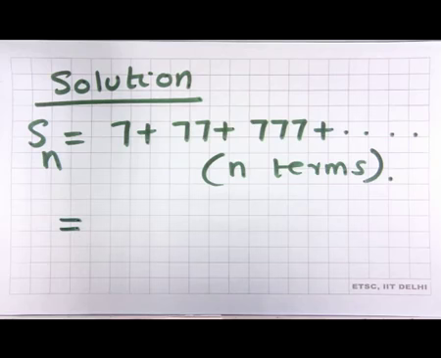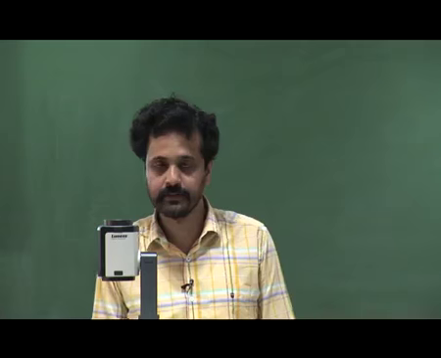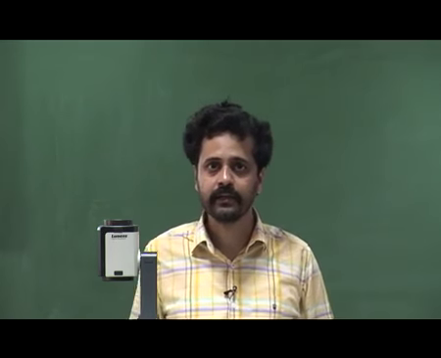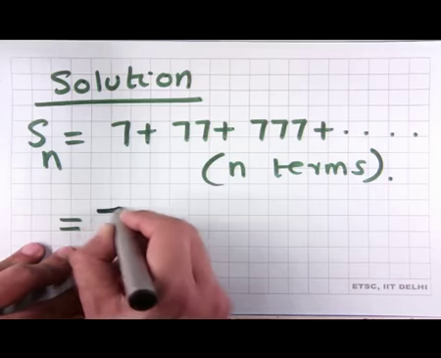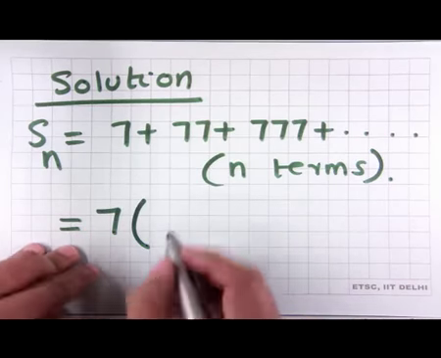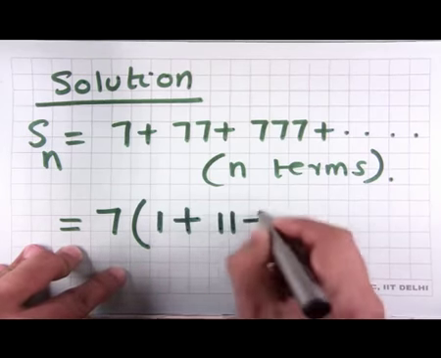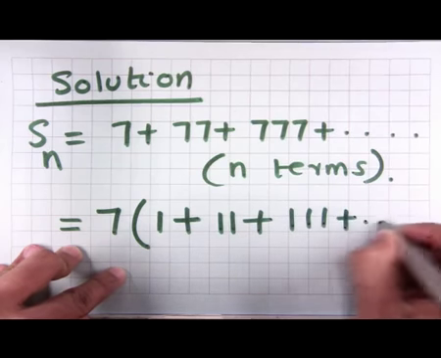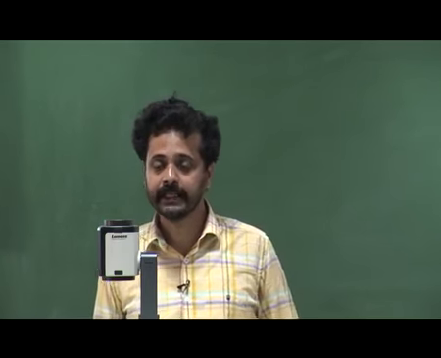As I pointed out earlier, the difficulty here is that apparently it's neither an arithmetic progression nor a geometric progression whose sum we are familiar with. Let us pull a 7 out so that it will be 7 into 1 plus 11 plus 111 plus etc. When I say etc., here I mean sum up to n terms only.